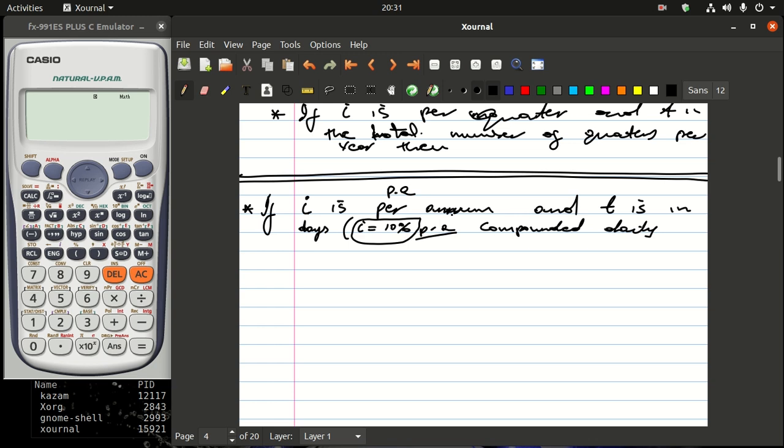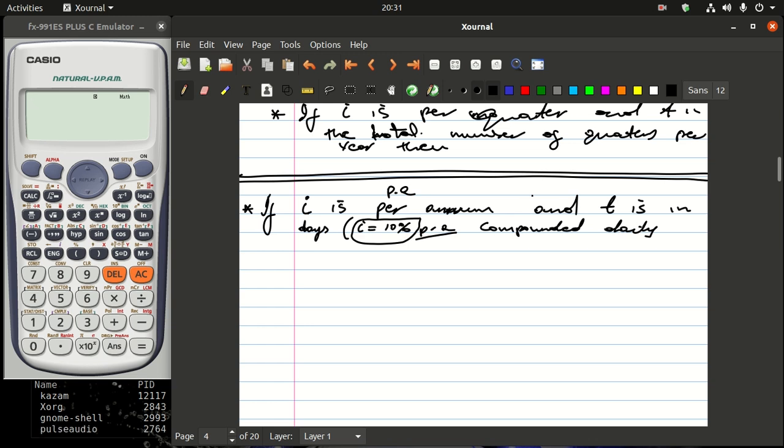Per annum means every year, and they're saying compounded daily. They are saying that you are not receiving this interest every year, you are receiving a portion of this interest daily. In other words, t must be in days.